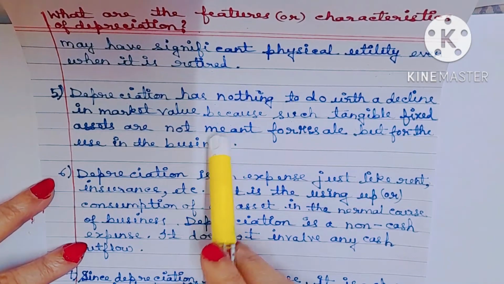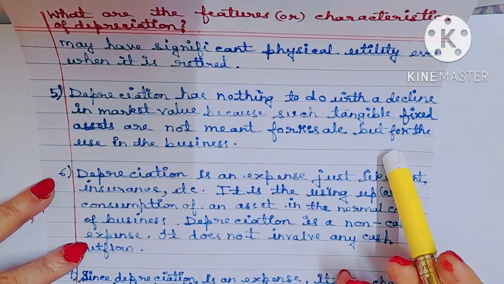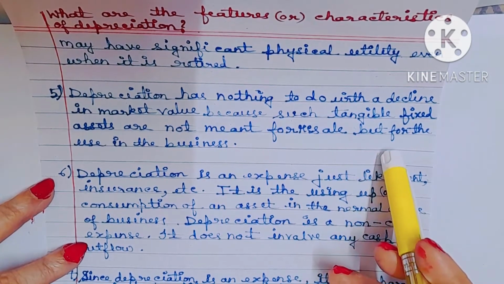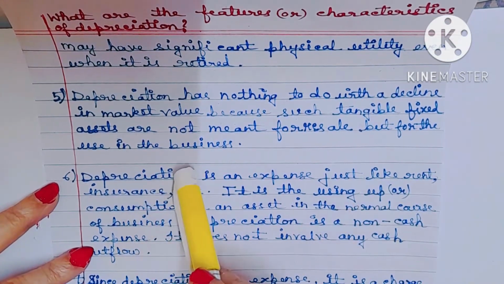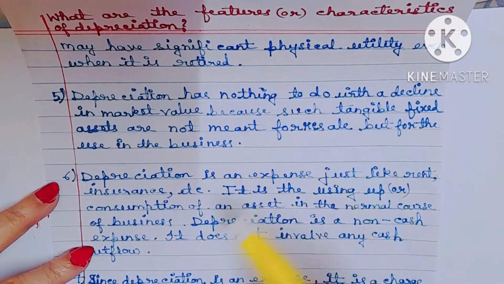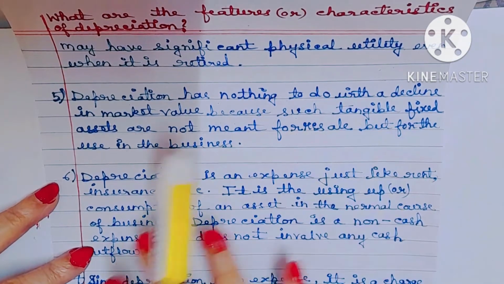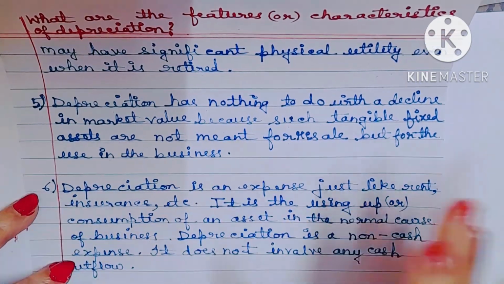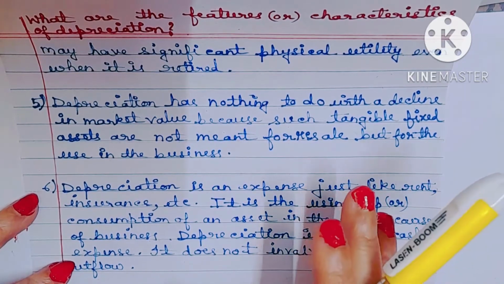Because depreciation is charged on plant and machinery or any tangible fixed assets which are not meant for resale but for use in the business. So depreciation is charged only on the tangible fixed assets which are used in the business, and those assets are not meant for resale. Whether the market value has declined or decreases, it does not matter.